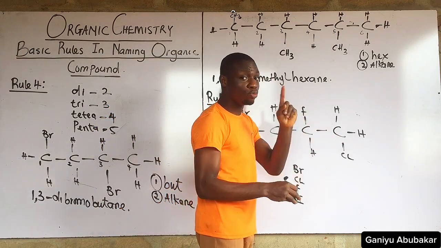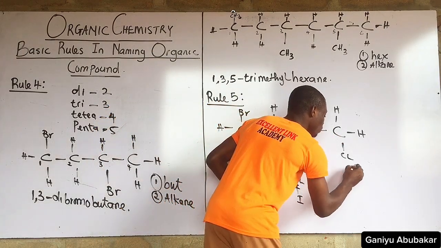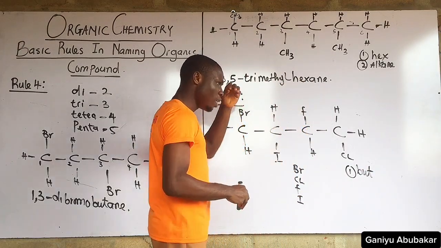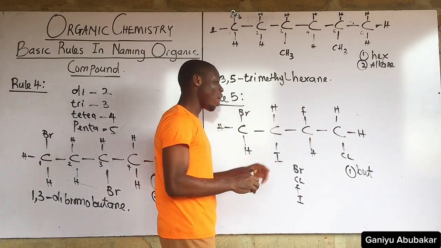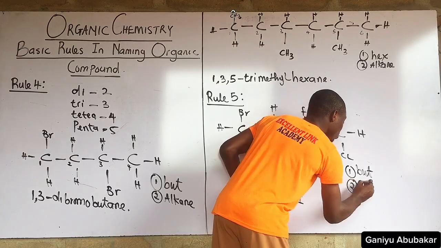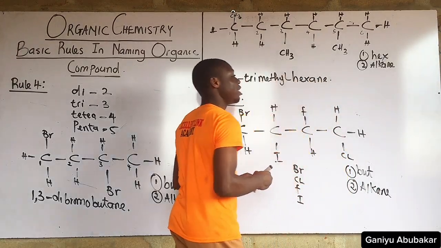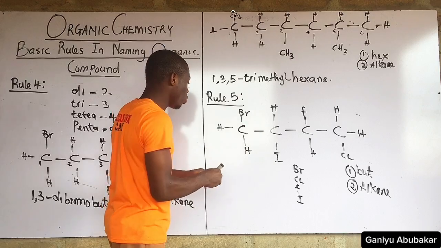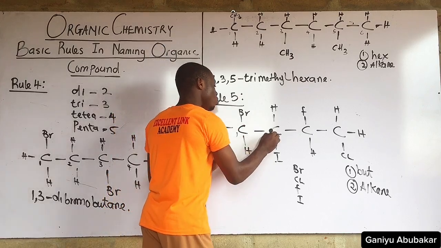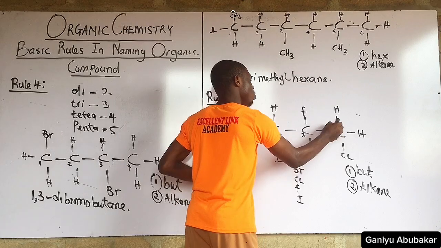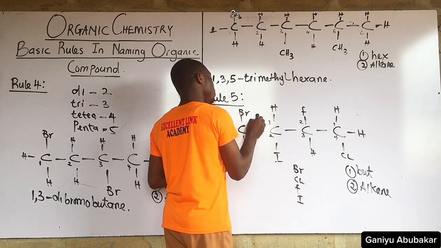That's 4. 4 is but. So I have rule 1, that's butane. Rule 2 says functional group, single bond, alkane. Rule 3 says do your numbering. So I have 1 2 3 4. This is upper numbering. 1 2 3 4.